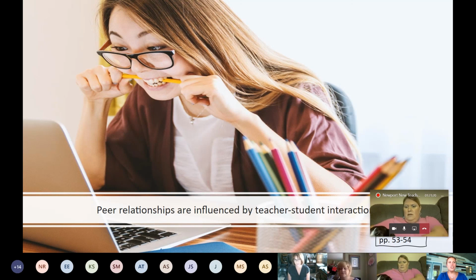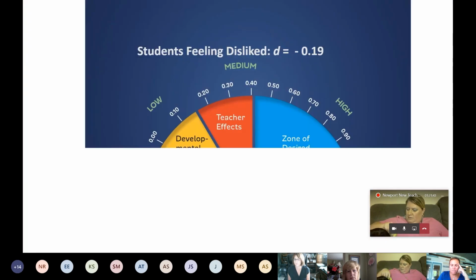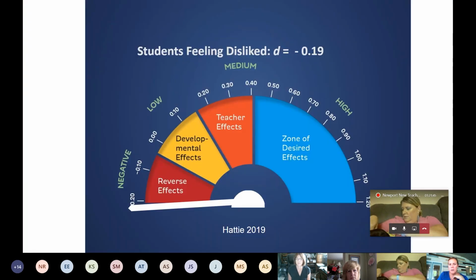And she's not coming up with that completely on her own. She's probably seen some interactions between the teacher and that child that make her think that. And in some ways, she might then have a not positive view of that student. And we don't want that for any kid, right? We definitely don't want our relationship to impact their relationships with others.